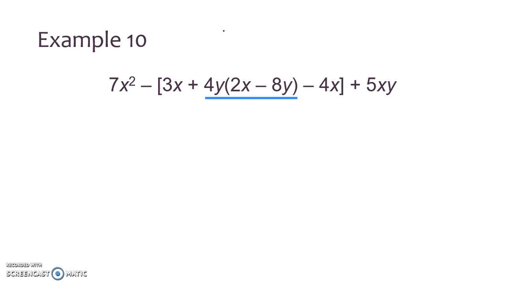So just like whenever we have a 4 times the 2x, now we're just going to multiply the y into that mix too. So it'll be 4 times 2 is 8, and y times x. So it'll just be 8 times y times x. And then we'll take the 4 times the negative 8 on the inside will give us negative 32, and y times y will be y squared.